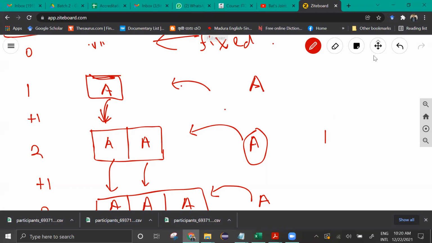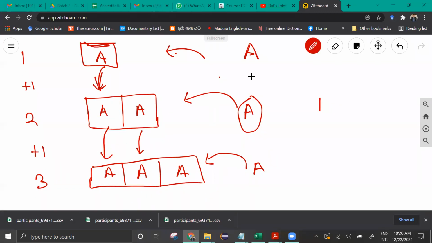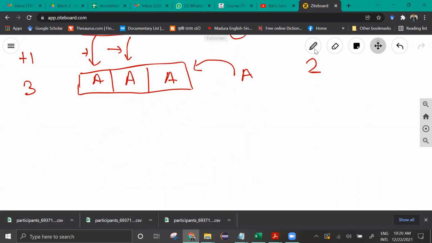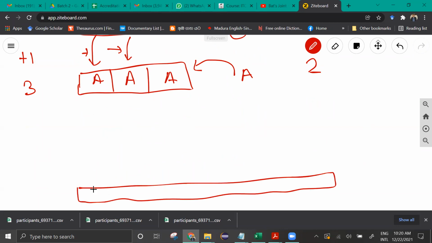But this copying part takes time. To do that, it iterates, in this case, one time. So likewise, when the array gets bigger and bigger, right?